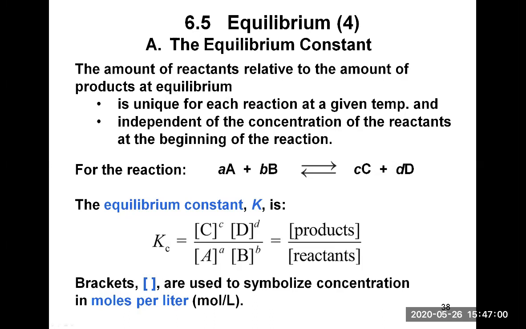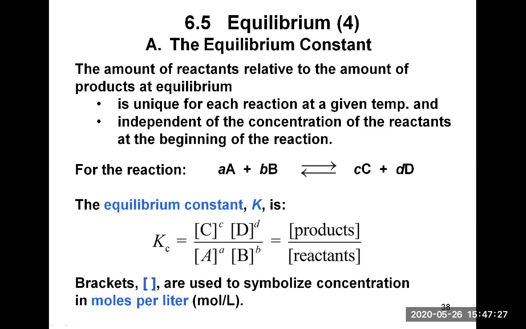And the equilibrium constant has this formula, K, and the little c in the subscript here means equilibrium constant in concentration, because there are different ways of writing equilibrium constants, and it could be like gas pressures or other values that give the amount of reactant and product.